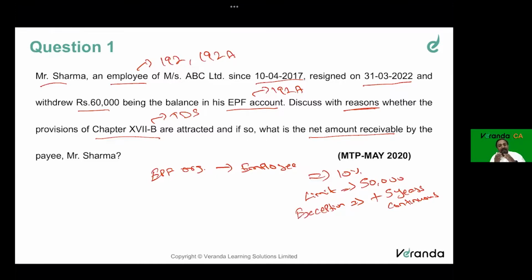Similarly, he may not be able to work for 5 years because of health. Some health issue means he has to discontinue. Or, in this case ABC Limited, if the business is no more in operation, that is discontinuance or closure of business.